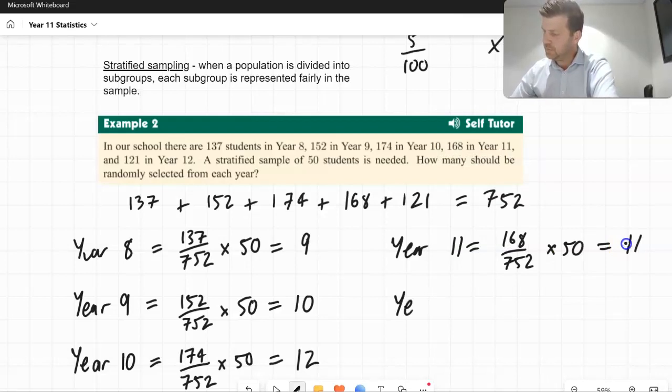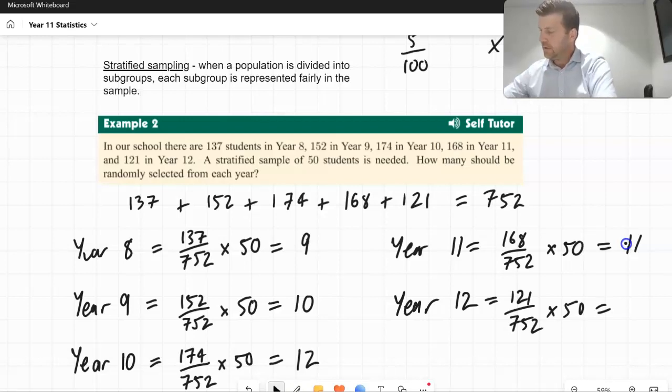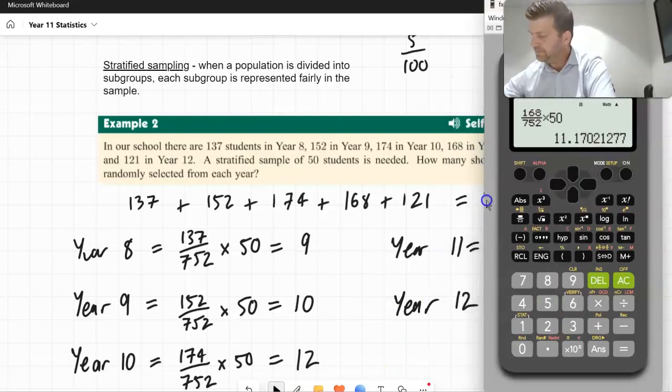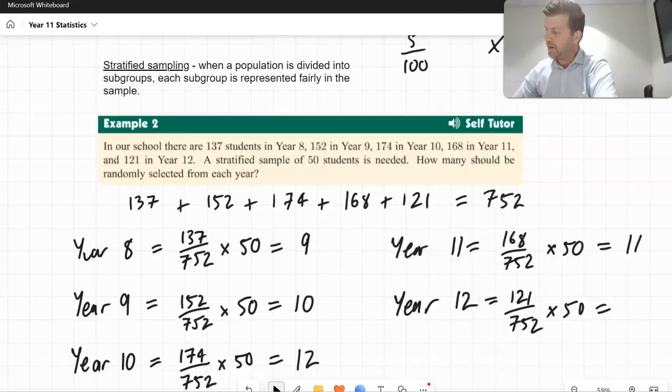And Year 12s, which was the smallest group. So 121 over 752 times by 50. Again, on your calculator. That would be 8 students from Year 12.